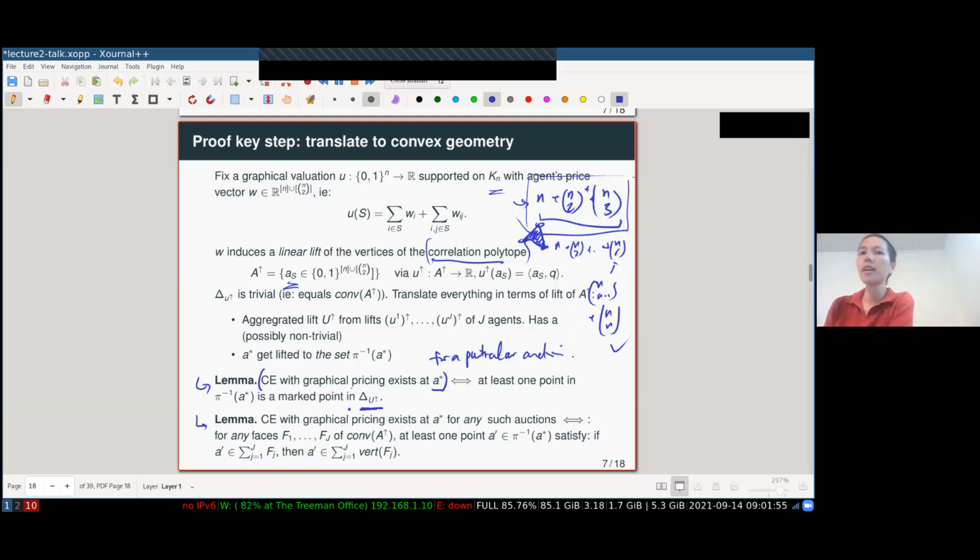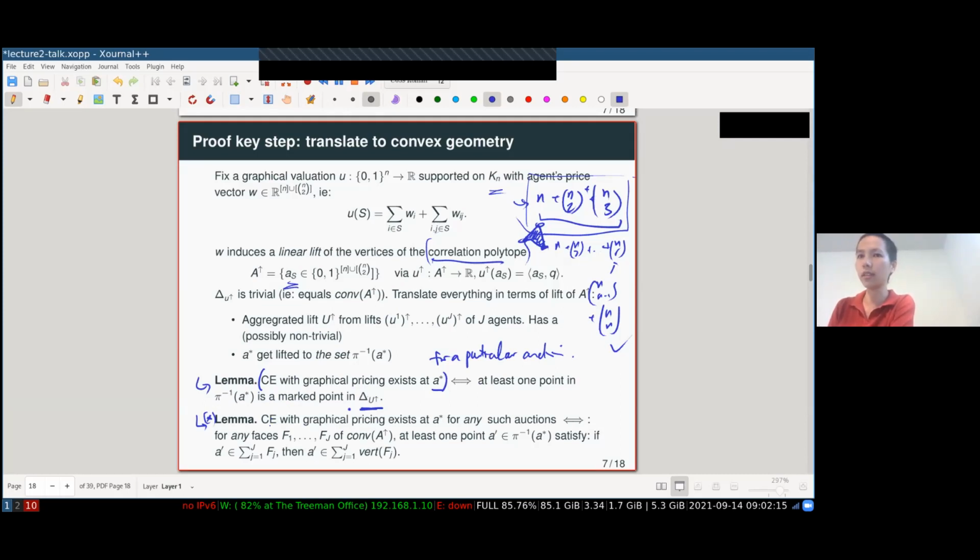This second lemma is more in the spirit of: it doesn't matter what auction you pick. There's a condition that you can check, and if you satisfy it, then no matter what auction you pick, you for sure will get competitive equilibrium at A, right?